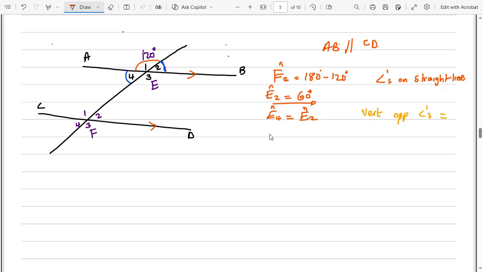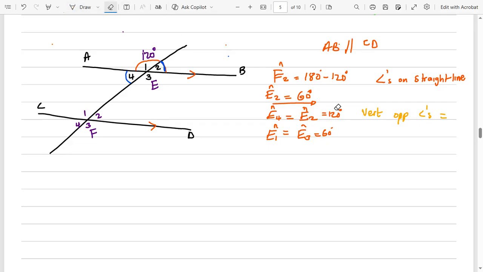So then, therefore, same applies to E1 is the same as E3. So this is 120, this is 60. Yeah? No, E2 is 60. So this will be 60, right? Yeah. This is 120. Same reason as that one. All happy, ne? Yeah. So now we're gonna look for F, ne?